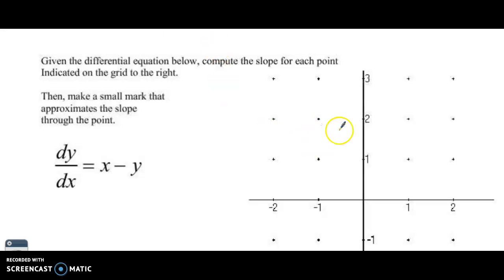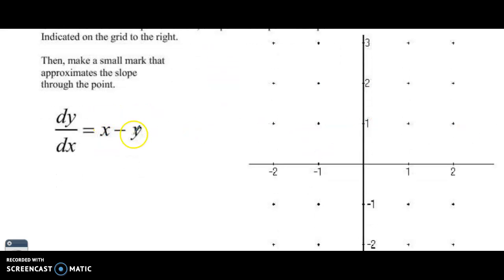So here's another one, but notice now we have an x and a y value. When I look at the ordered pair (0, 0), well, 0 minus 0 will give me 0. Sometimes what I'll do is I'll just pick points where x equals y. So dy/dx at the ordered pair (1, 1).